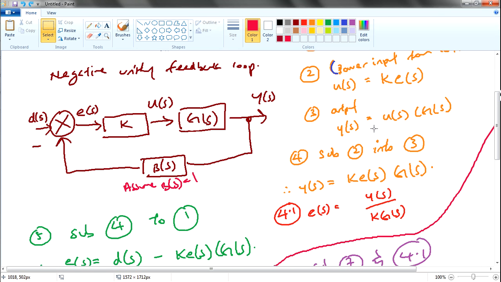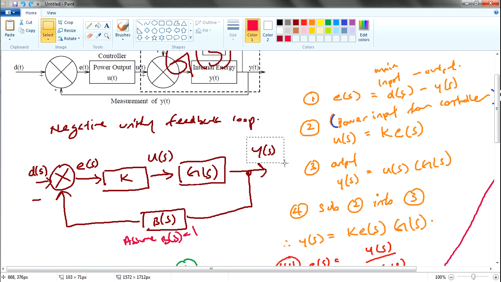So U(s) multiplied by G(s) is equal to Y(s). If you sub in U(s) as E(s) times K, as shown over here, U(s) is equal to K E(s), K times E(s) will eventually come to U(s). This is why we sub this thing into here.